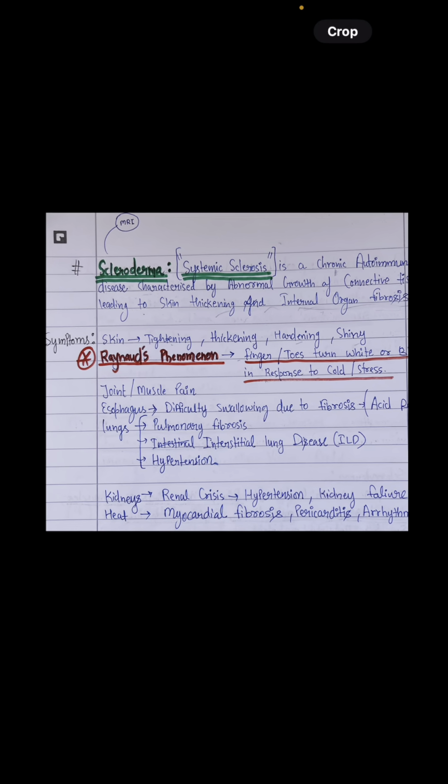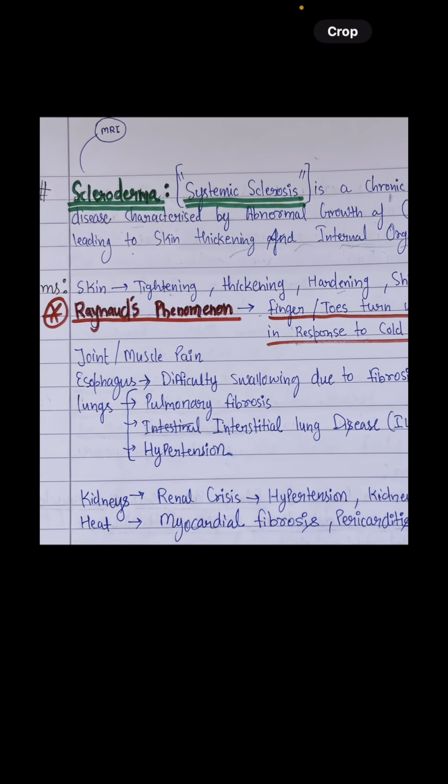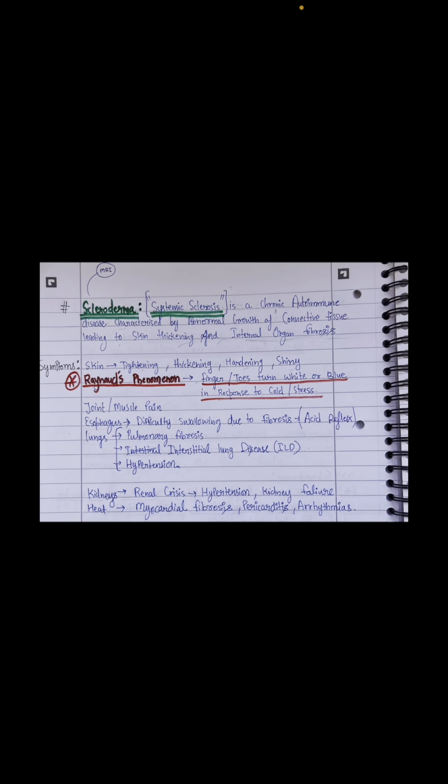So let's see the symptoms. Skin tightening, thickening, hardening, shiny. Raynaud's phenomenon, which is seen in a lot of things. When you see Raynaud's phenomenon in the question, you don't have to always mark Raynaud's disease, because Raynaud's phenomenon is explained in systemic scleroderma as well, and in many more diseases. So be careful unless the question says only discoloration of the fingers and toes.